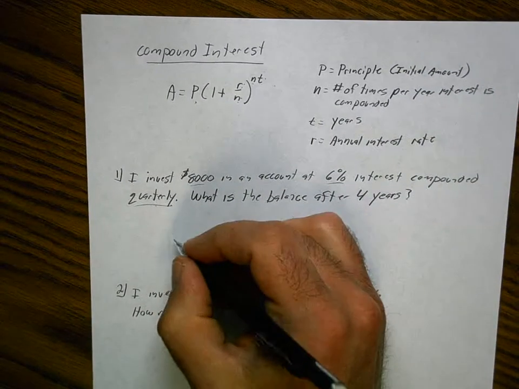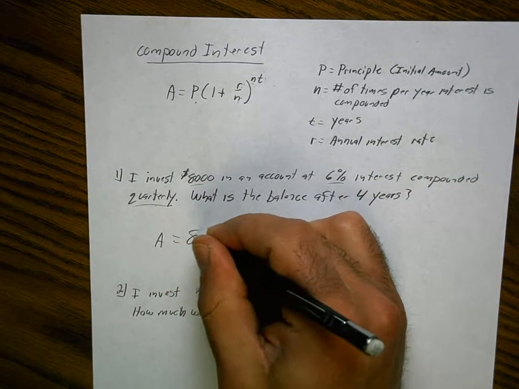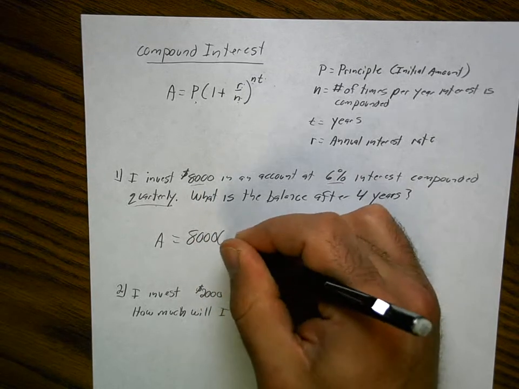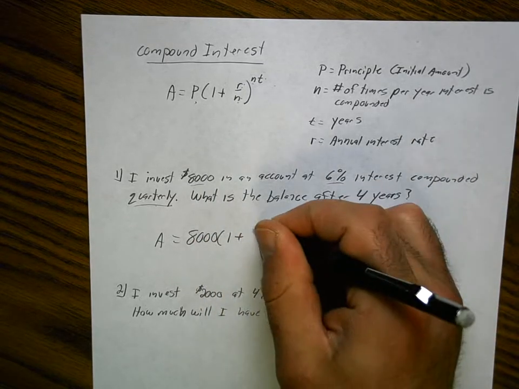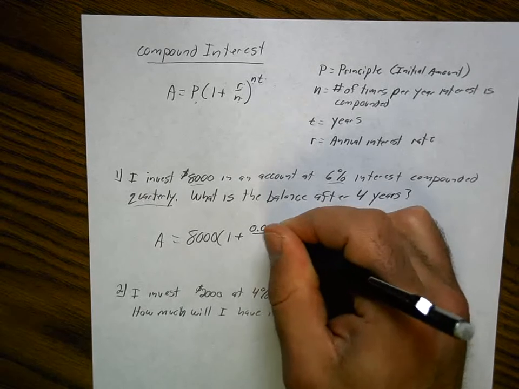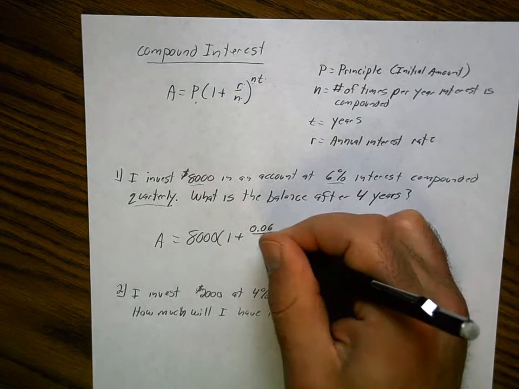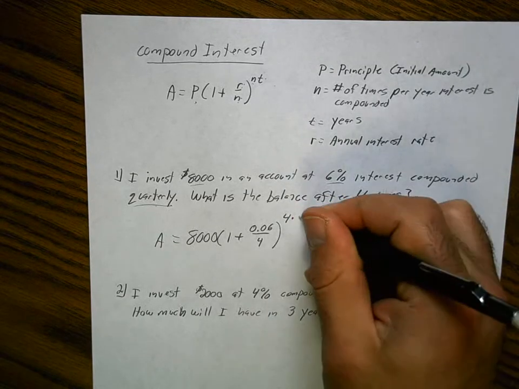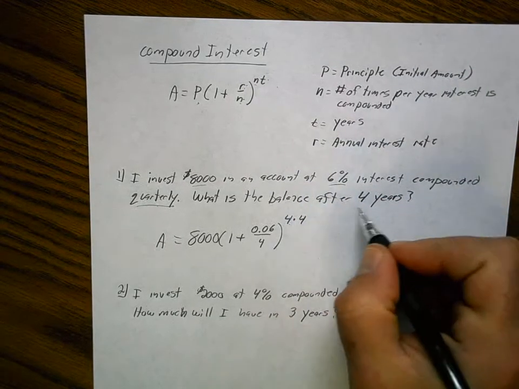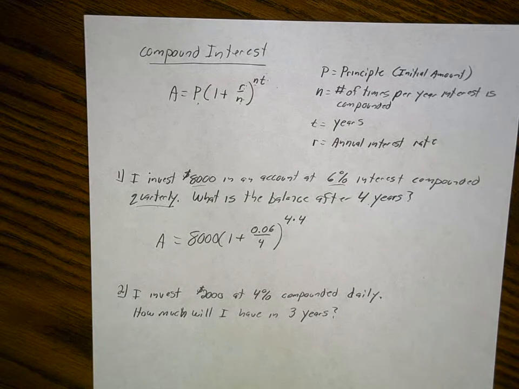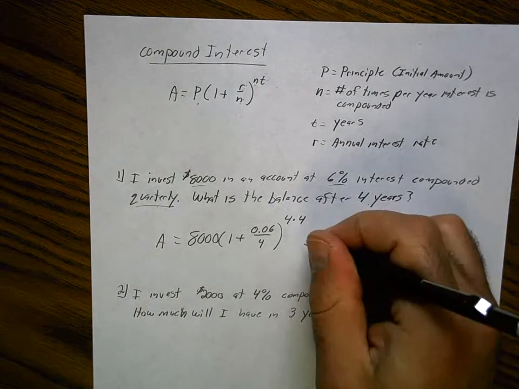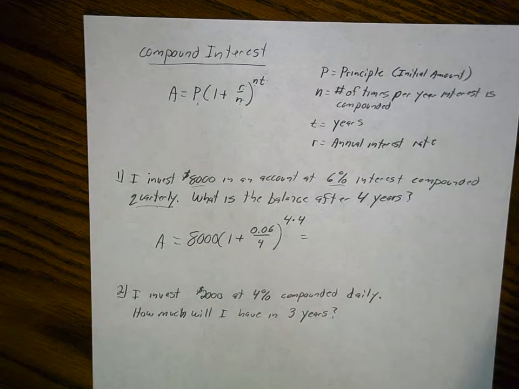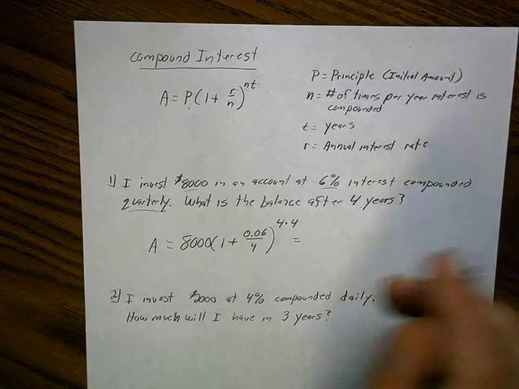On this one, I'm going to have $8,000. My rate is 6%, that's 0.06, divided by N, which is quarterly, so 4, and then N times T is 4 times 4, because it's quarterly and for 4 years. So there's my equation. Now I plug it into my calculator.